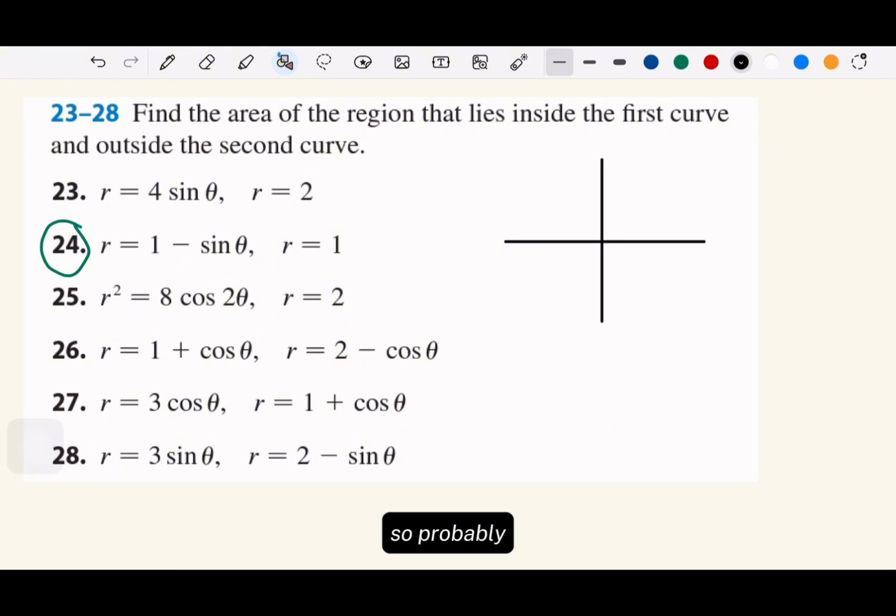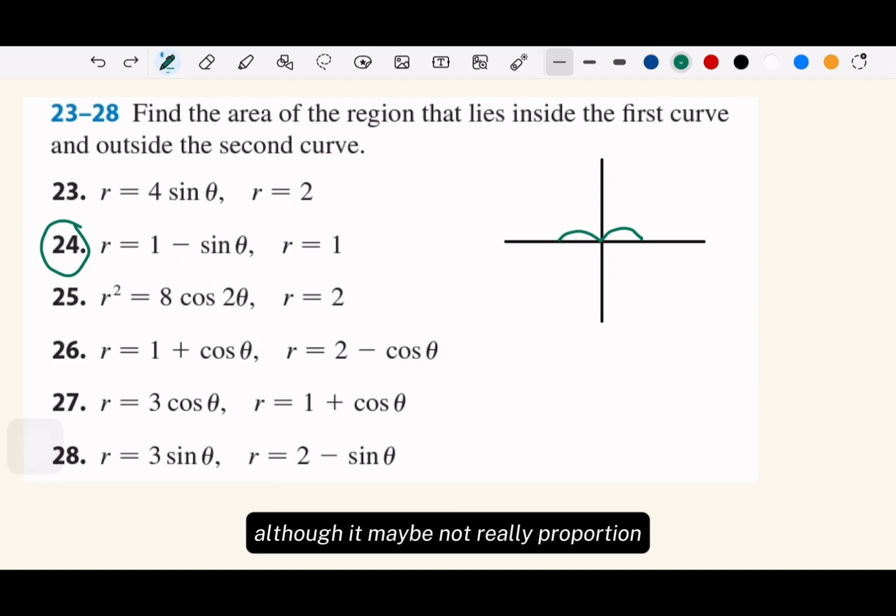So probably it will be around this one. Although it may not be really proportional, maybe make it like that.